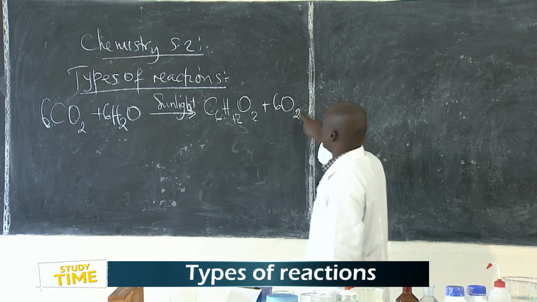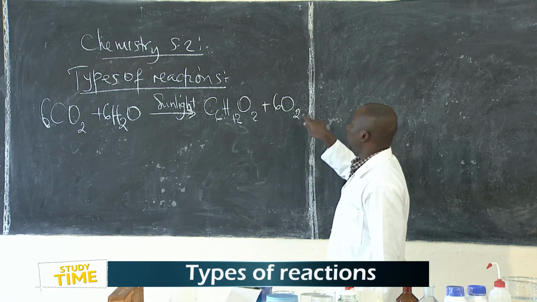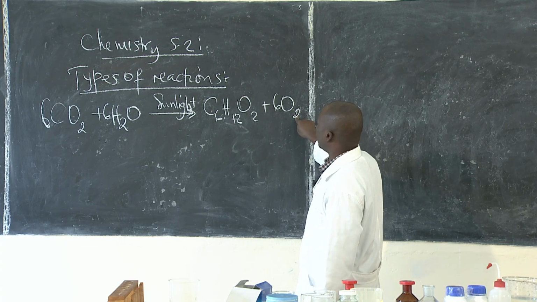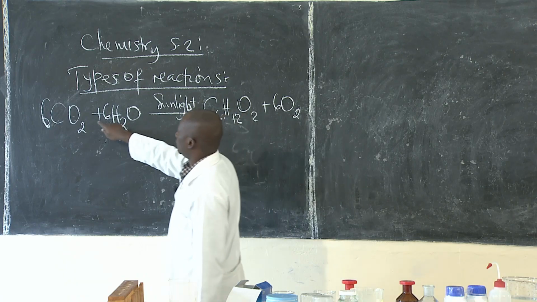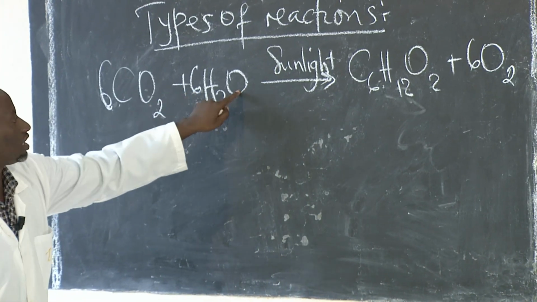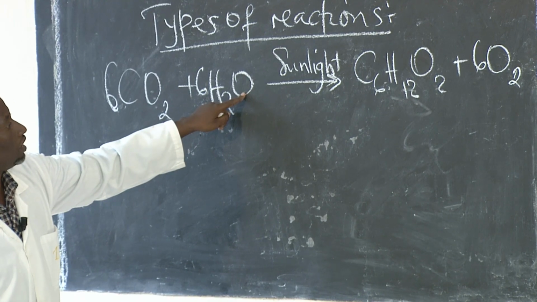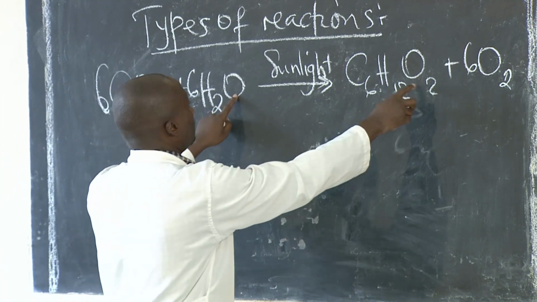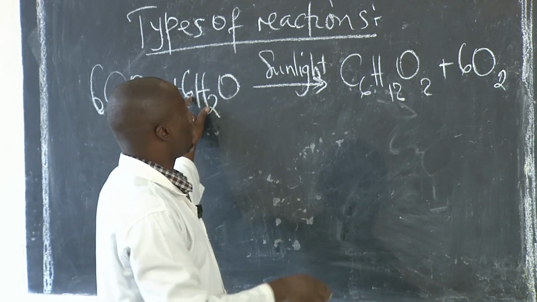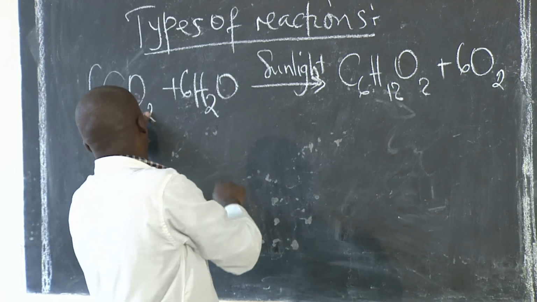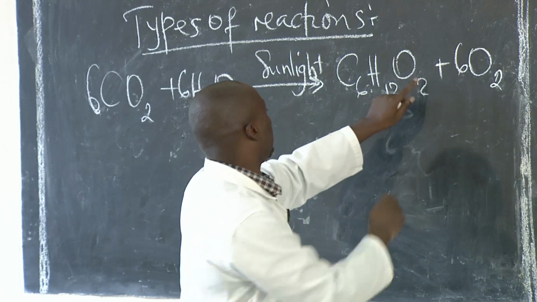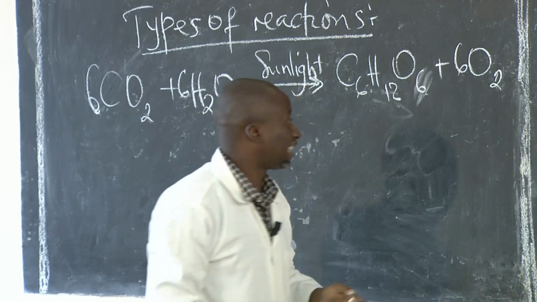So if we make these 6 molecules, 12 plus 6, this is 18. So you have 6 carbon atoms, you have 12 hydrogen atoms, you have 12 and 6, that is 18. Sorry, this must be 6.